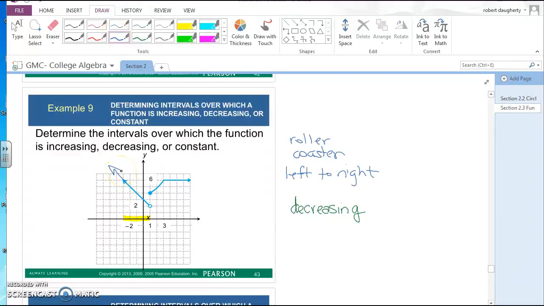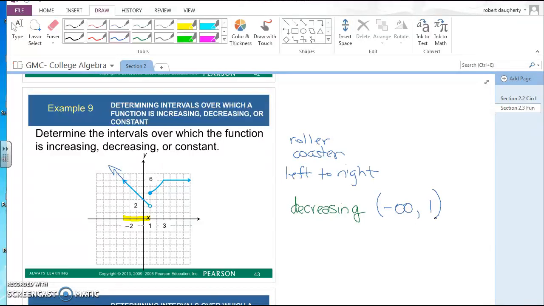At first I thought of that as an endpoint, but that arrow means it's decreasing from negative infinity all the way to the point 1. Always use parentheses around infinity or negative infinity, and there's a parenthesis around that 1 because you see that open circle. So it decreases from negative infinity to 1.